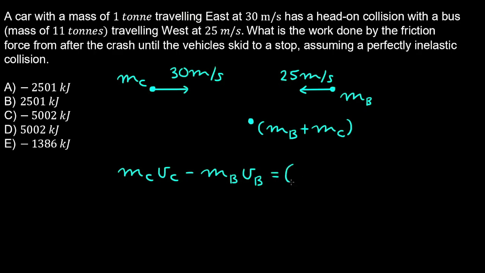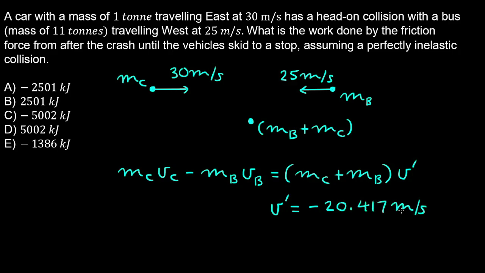And that's equal to the mass of the car plus the mass of the bus by the velocity of the system. So if we substitute for the masses and velocities that are given, we'd get V dash, which is minus 20.417 meters per second. So V dash points to the left or west.